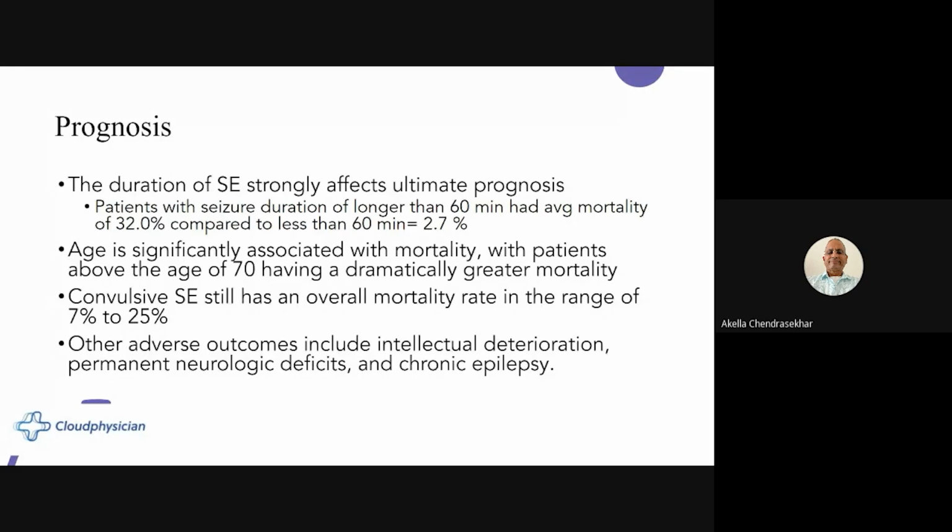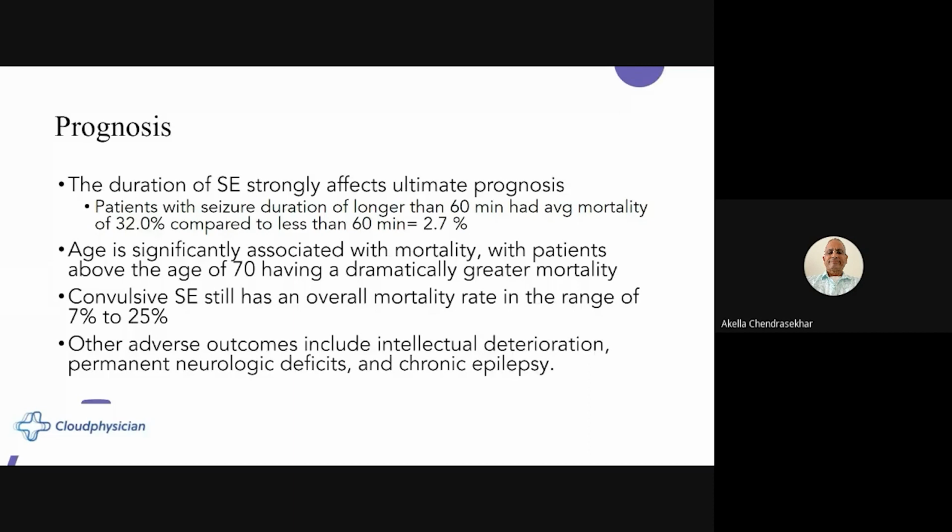If you have an older patient, act quicker. Don't wait. Okay? Patients over age 70. Oh, but he looks like a 60-year-old. No. Their age is what their age is. Please remember that. Okay? And convulsive seizures have an overall mortality that can range up to 1/4 of your patients who can die. So you really have to look at these patients closely and carefully.